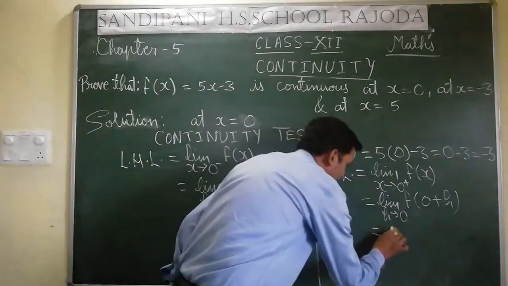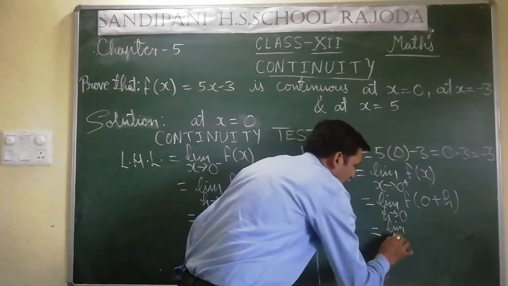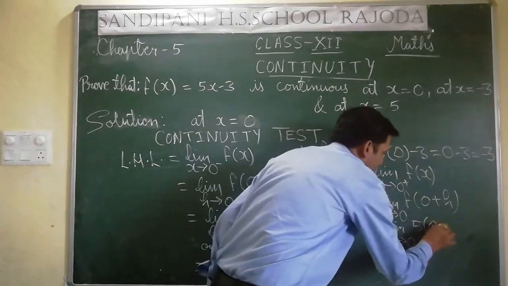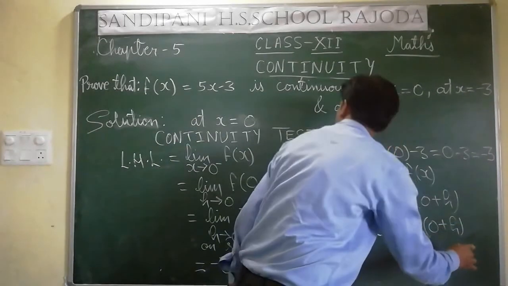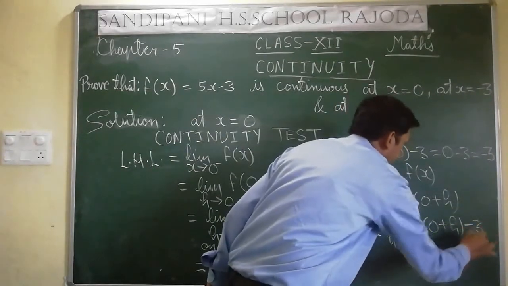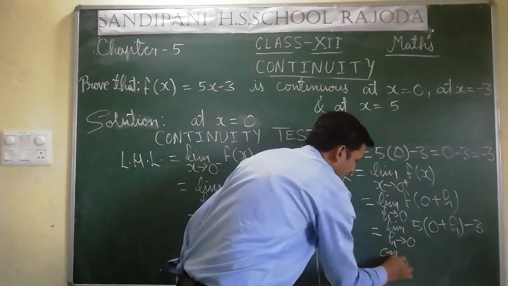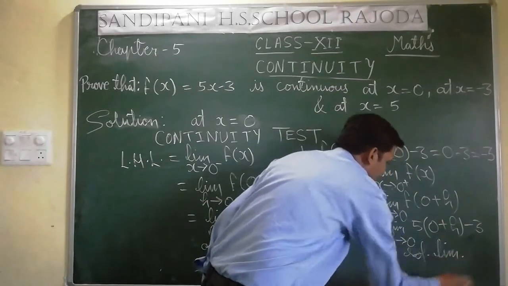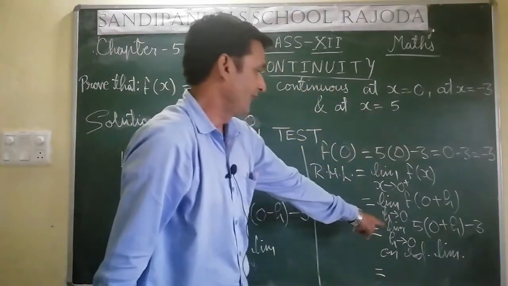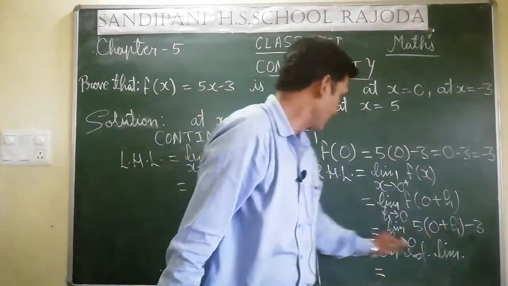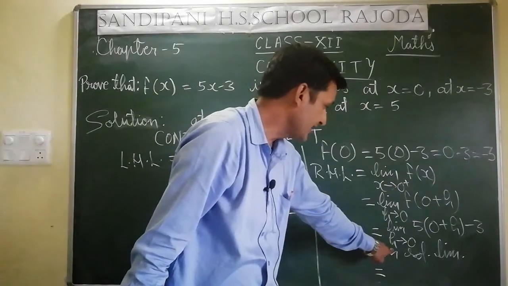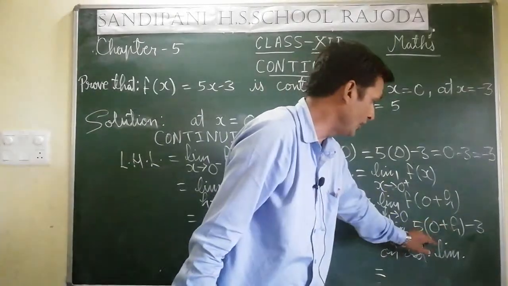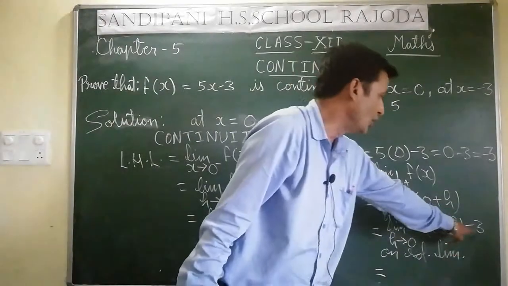So limit h tends to 0, 5 into 0 plus h minus 3. On solving the limit, this h value is 0 here, because h tends to 0, means 5 into 0 plus 0, that will be 0 only, because 5 into 0 is 0, minus 3.